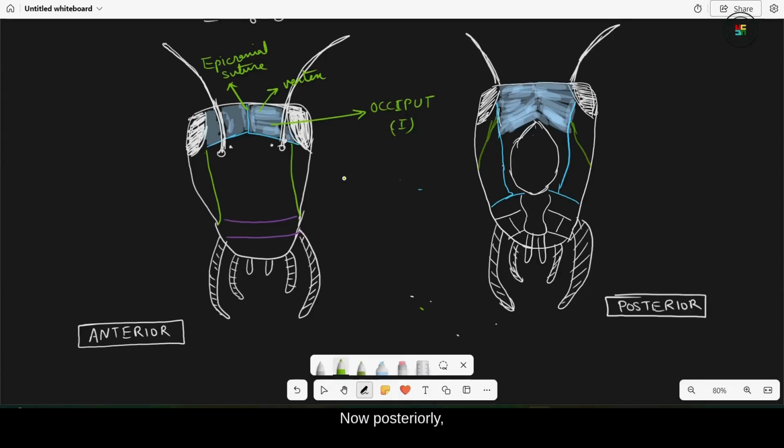Now posteriorly, this is the region of the occiput. It's the same region actually, so let me show it here itself. Occiput.